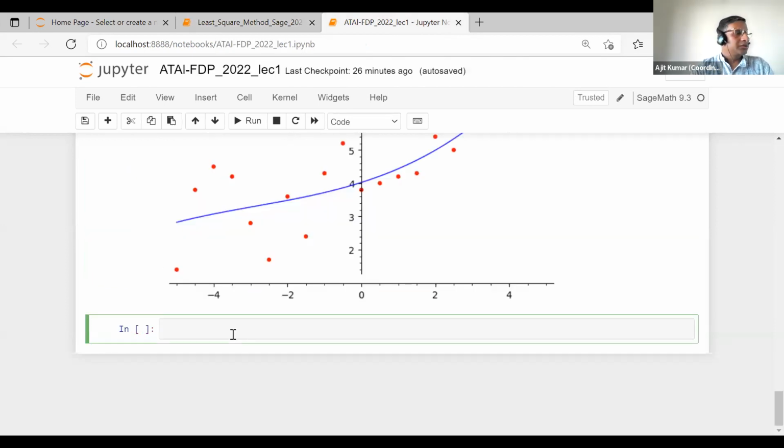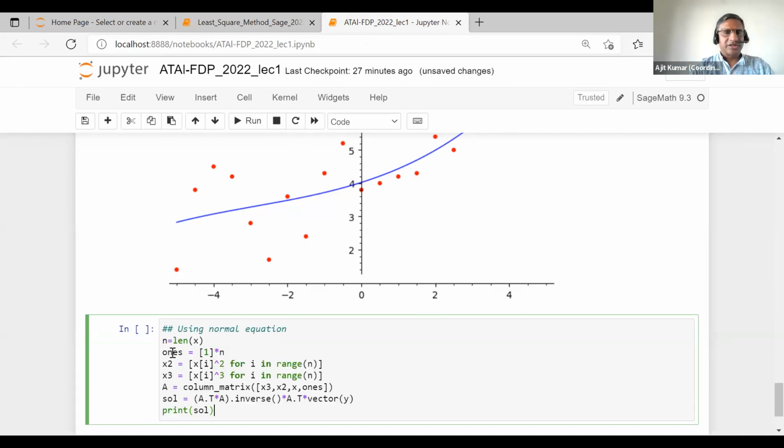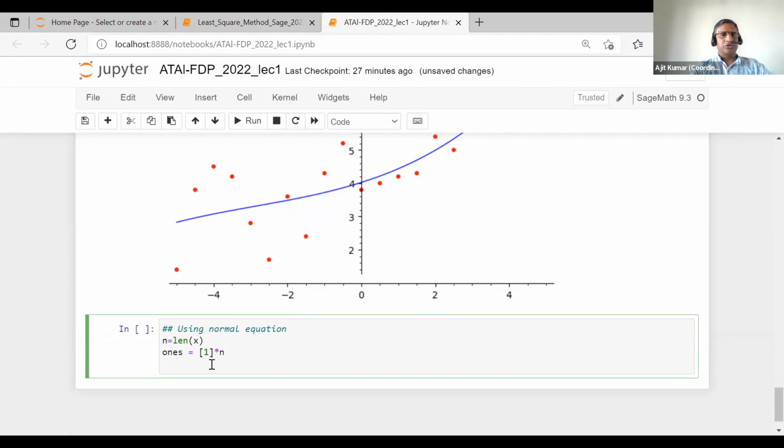Remember, we have got the least square solution as the inverse of A transpose A, into A transpose Y. First, let us find n to be the length of x. We know in this case it is 20, and the last column was all ones, so I will create a list of 1, 1, 1, n times.